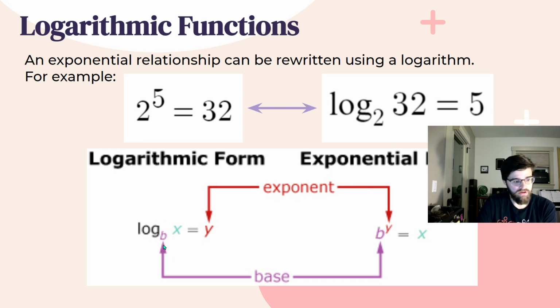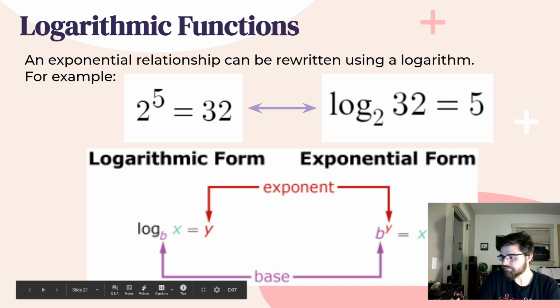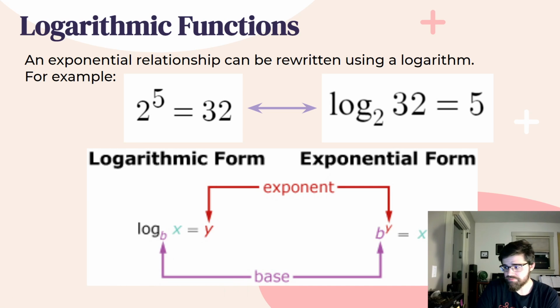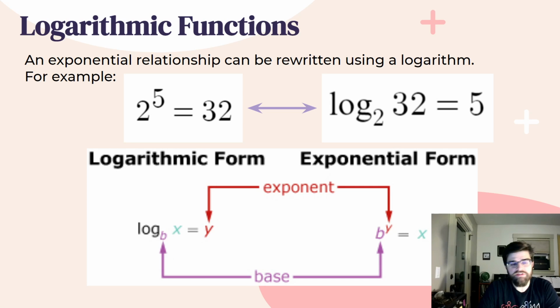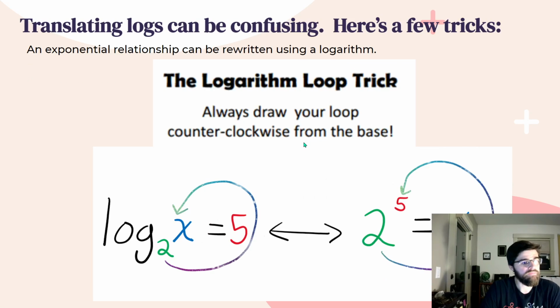If I have log with some base b of x is equal to y, that's the equivalent of saying that same base to the yth power is equal to x. So again, this is new, so it might be a little bit confusing at first, but this is the basic idea. Saying 2 to the 5th power is equal to 32 is the same thing as saying log base 2 of 32 is equal to 5. And it's hard to wrap your head around at first, so that's why we're practicing this right now.